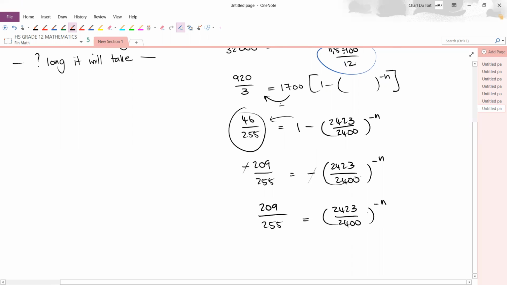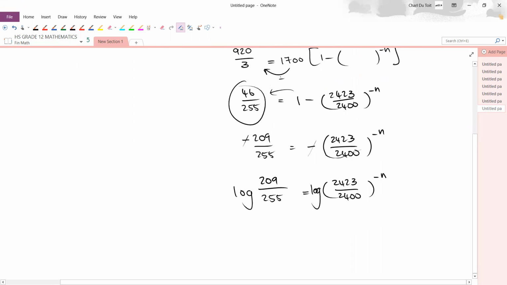And now I can log both sides. Then the negative n jumps in front. And I have a log 209 over 255, which I'm going to divide away with whatever the log in that bracket is. That's 2423 over 2400. Okay, then go.